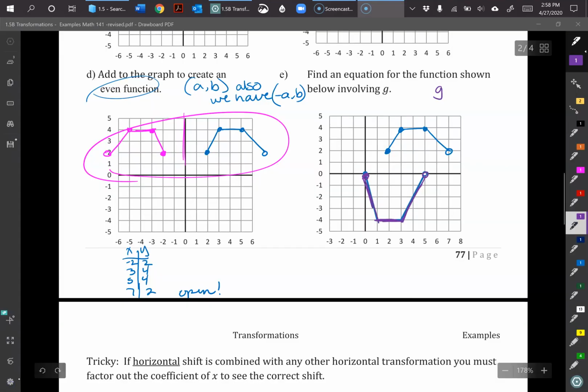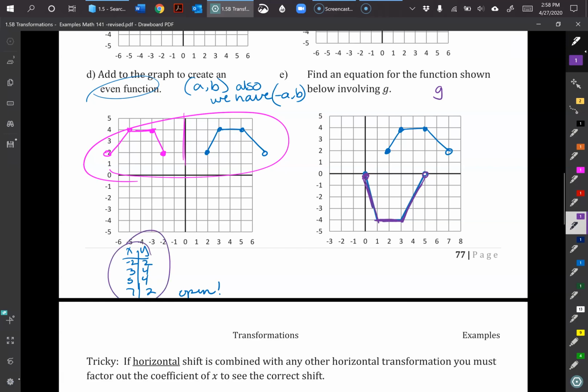Okay, I've tracked down my original points over here just so you can see. We might want to use those. So we have g of x, and then we might have something happening around it. Well, we can see right away we have a flip over the x-axis.